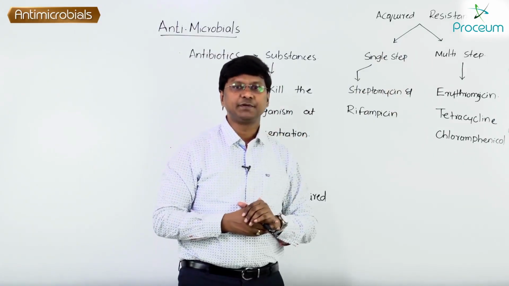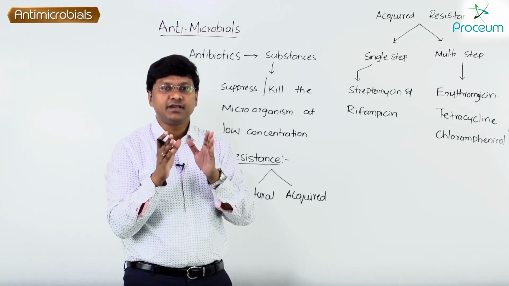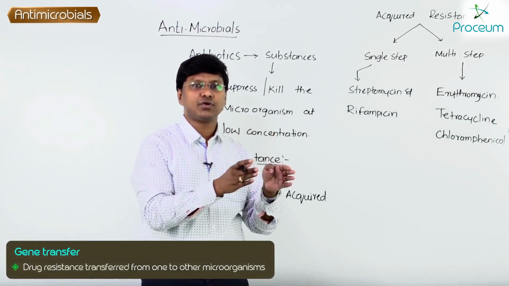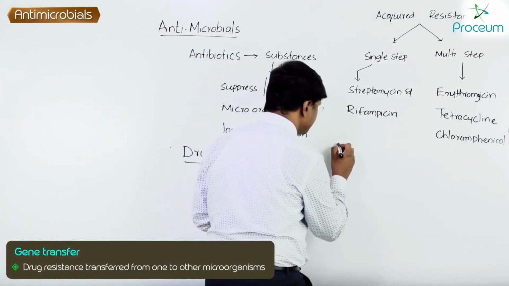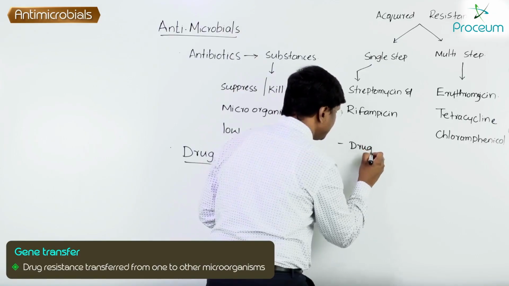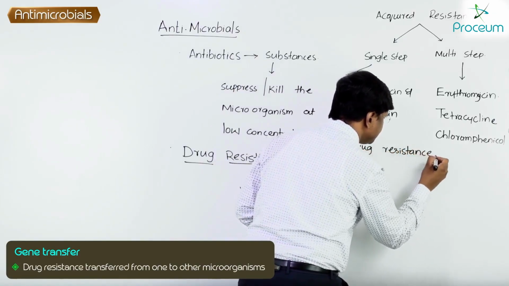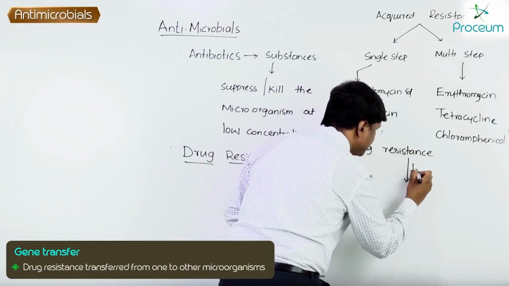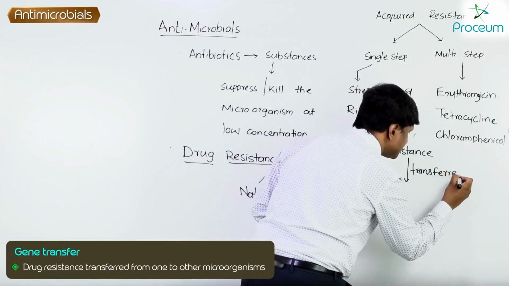Now this particular drug resistance can be transferred from one microorganism to the other microorganism. What you have to remember is that this drug resistance can be transferred. How is this transferred?